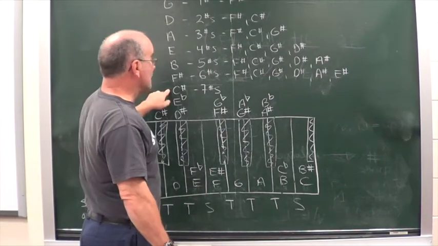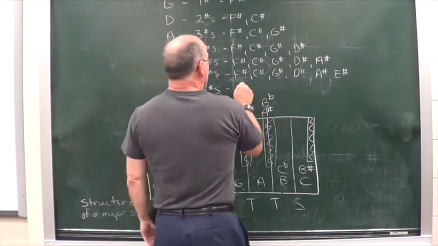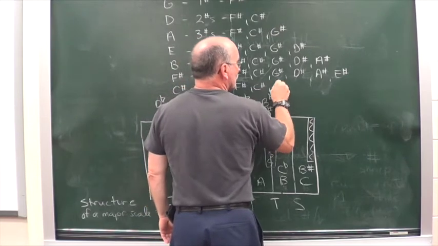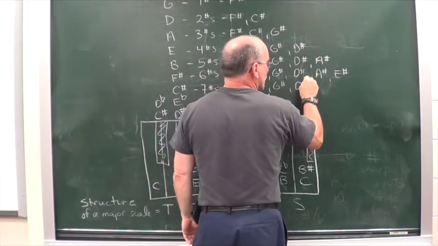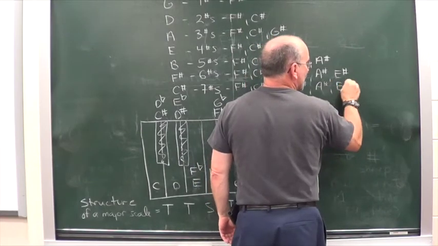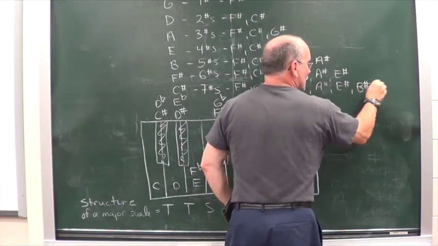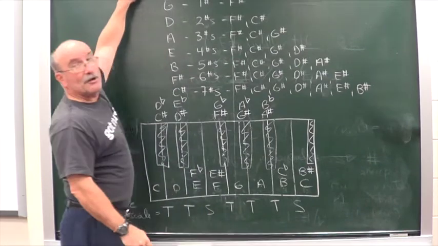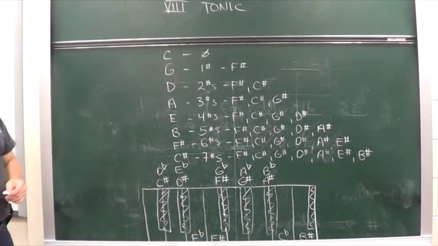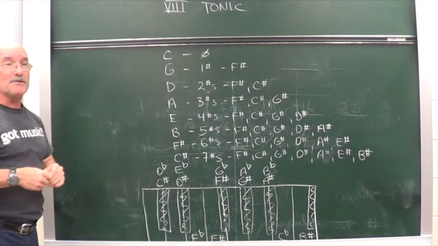C major has nothing, C sharp major has everything, which would be F sharp, C sharp, G sharp, D sharp, A sharp, E sharp, and finally the last one is B sharp. So there's the chart, ladies and gentlemen, for the sharps.